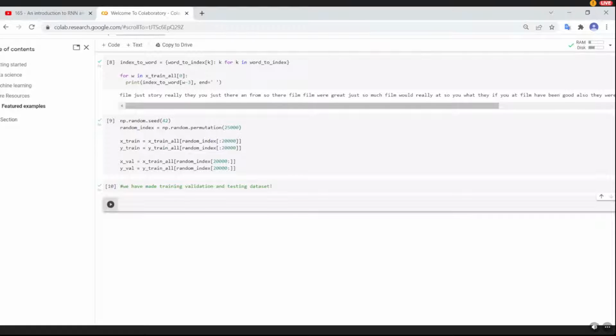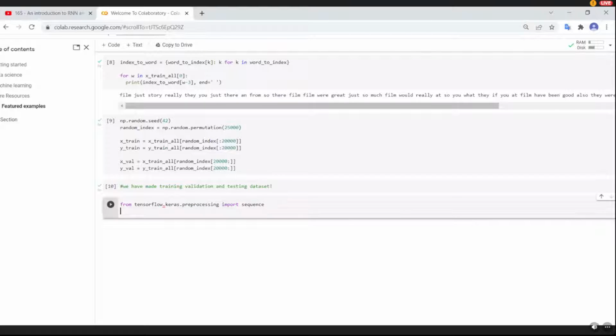Now we're going to use a library function from TensorFlow, which is a primary library for machine learning. There's the preprocessing pad_sequences.